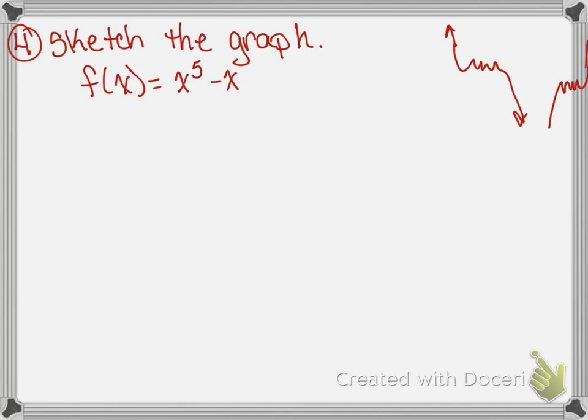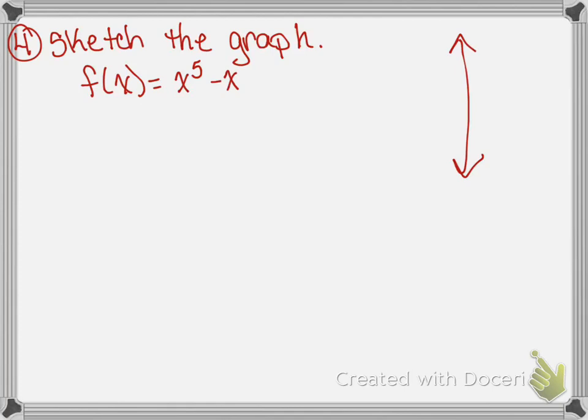So it's going to be going in opposite directions. The positive in front of the x to the 5th is telling us it's going to look like this one right here. Okay, so it's going to look like a positive slope. So anytime that we have an odd exponent, our end behavior is that it's going in opposite directions. So that's what we're moving towards.